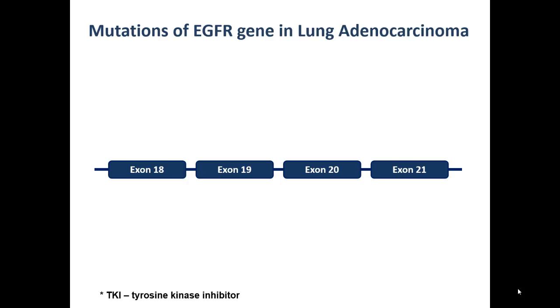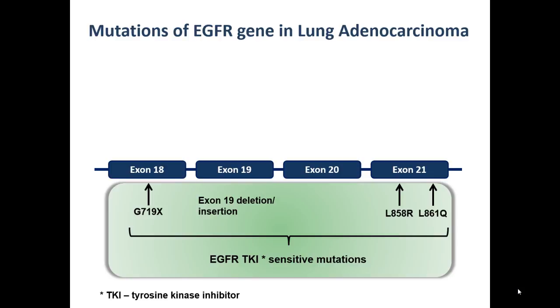However, with the EGFR gene, or ERBB1 gene, it's much more clear, and we have clearly defined what we call classical mutations, also called sensitizing mutations for EGFR TKI, where we have either a deletion in exon 19, an insertional deletion, or a point mutation in exon 21, or a mutation in exon 18.